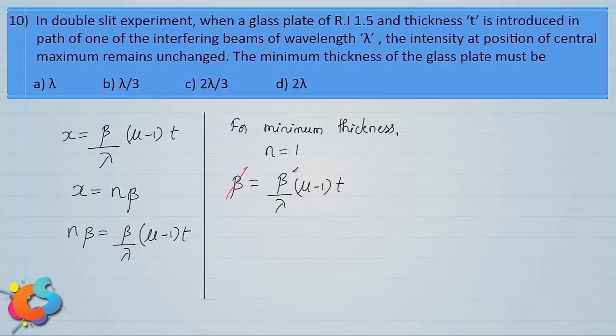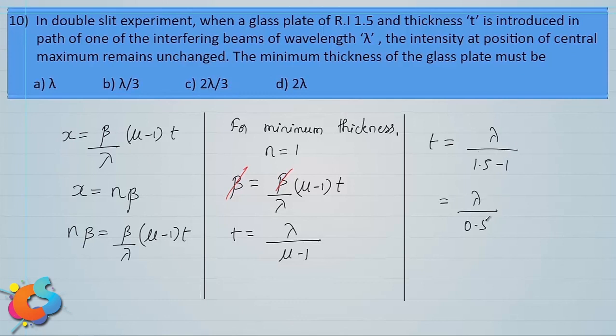So you can cancel beta here, which gives you an expression for thickness: t is equal to lambda divided by (mu minus 1). The refractive index mu is given to be 1.5. Therefore, t is equal to lambda divided by (1.5 minus 1), that is lambda by 0.5, that is equal to 2 lambda. Therefore, the minimum thickness of the glass plate should be 2 lambda.